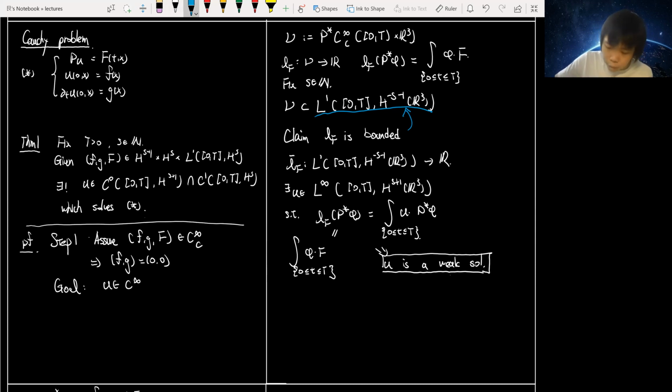And up to now, what we know is U is in L infinity from 0 to capital T to H S plus 1. But here, the integer s is arbitrary. Therefore, we can increase s as large as we can. U will be in L infinity H infinity. In other words, it is smooth in the space variables.